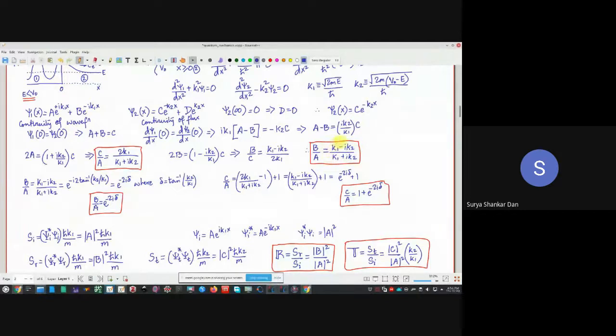Remember your complex algebra. Now, what is the phase of this complex number? Is given by e to the power of minus 2i delta. I है इसलिए phase है, minus 2 delta is the phase. Okay. Delta क्या है? I have written this, tan inverse k2 by k1. This is just complex algebra, nothing else. फिर c by a हमने निकाले हैं, c by a is given by this.